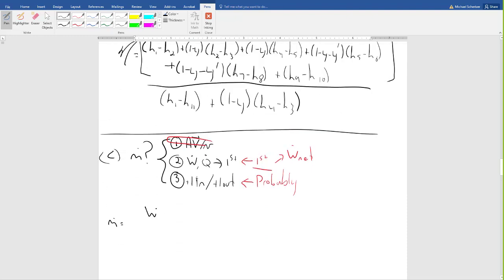So this is going to be m dot is equal to, this is also the numerator here, right? So this is going to be w dot net, which is given, divided by, let's see how long I can make this line.